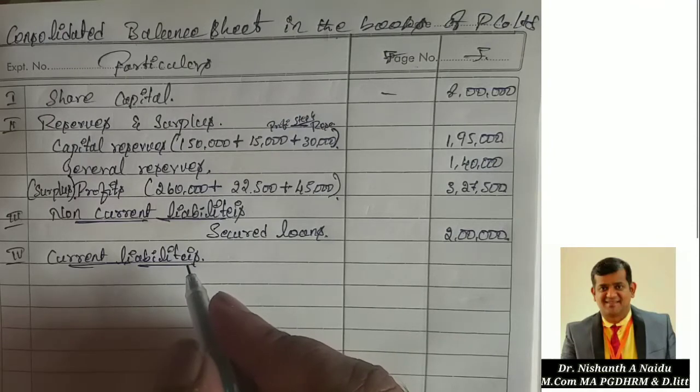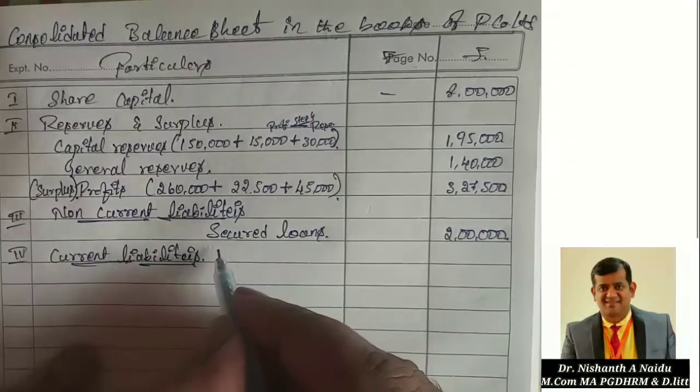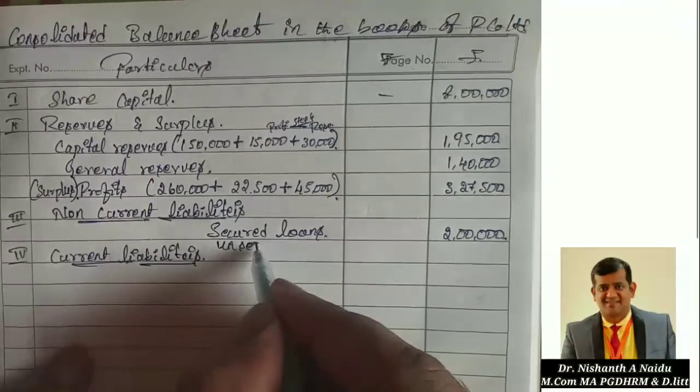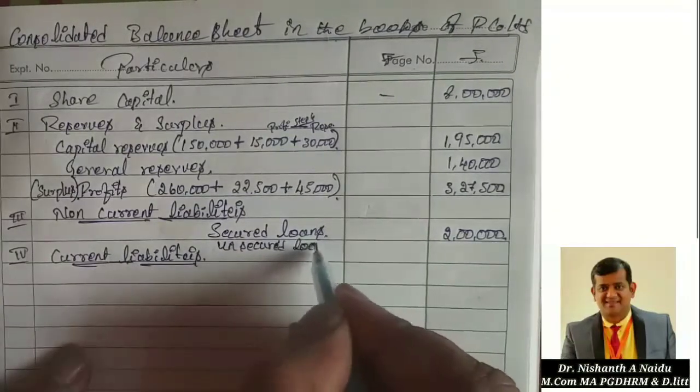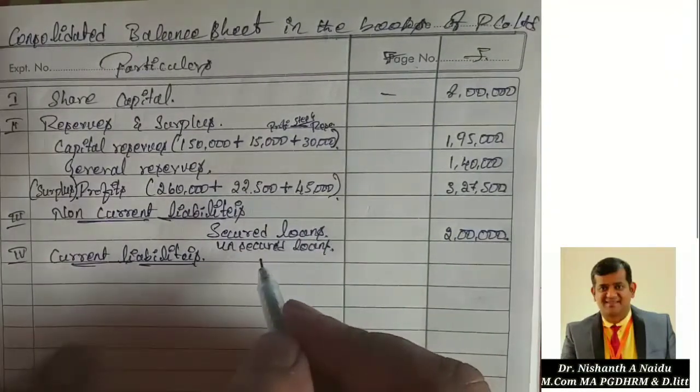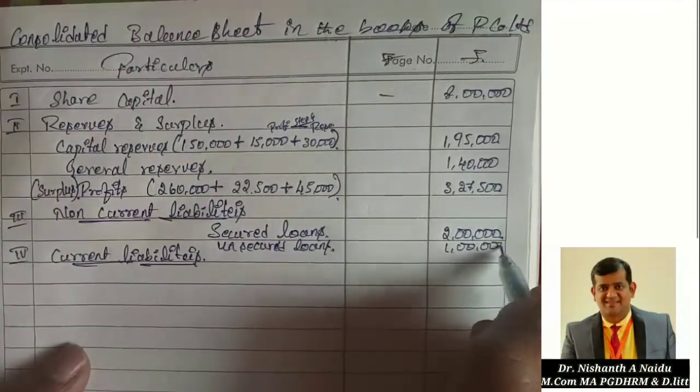Creditors, bills payable, and provisions. That is current liabilities, correct? So unsecured loan also we should take here only. Unsecured loans. So unsecured loans how much? 1 lakh. So that I have taken.